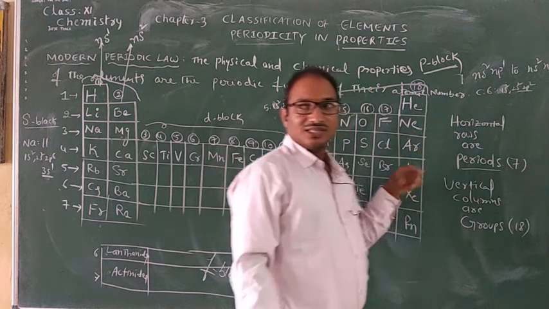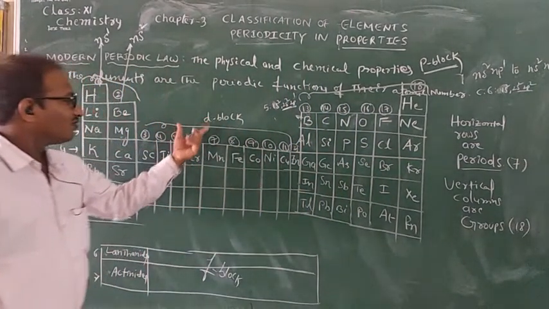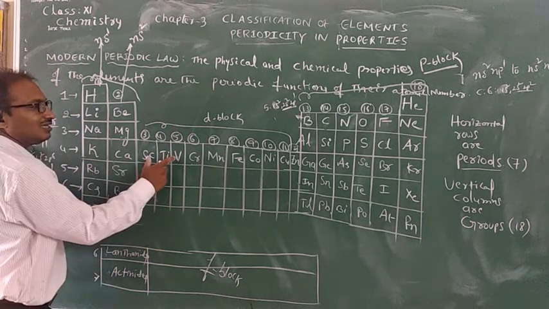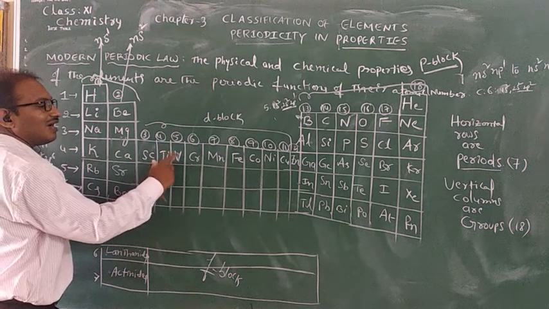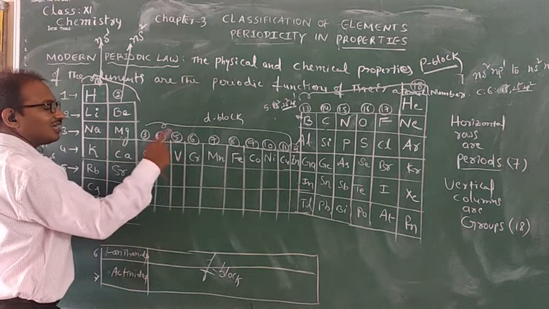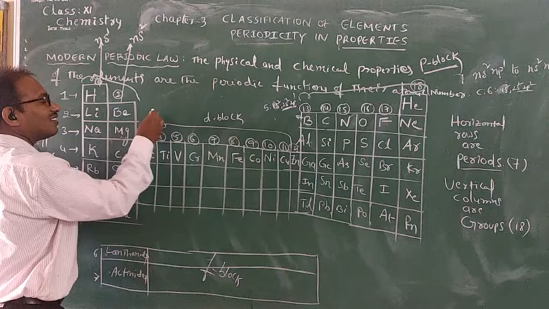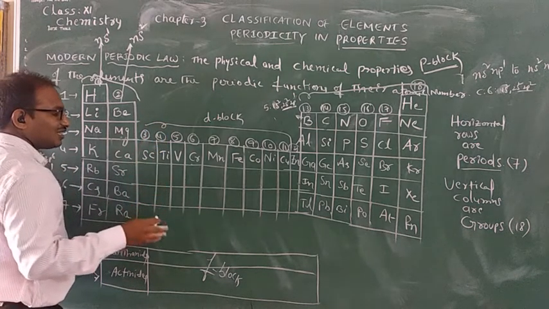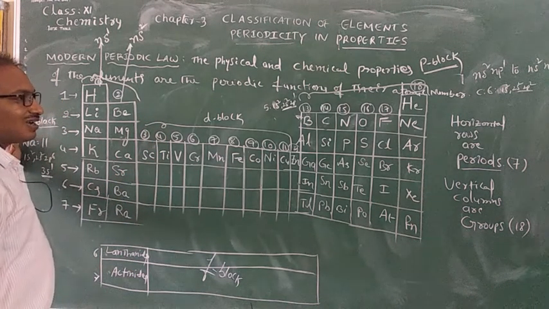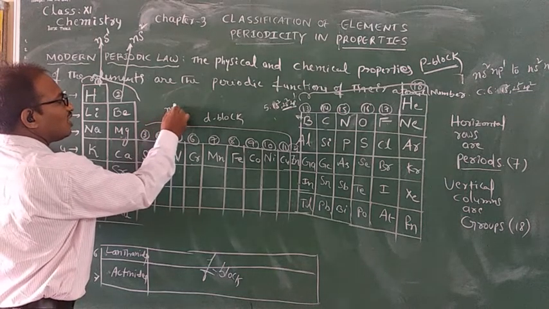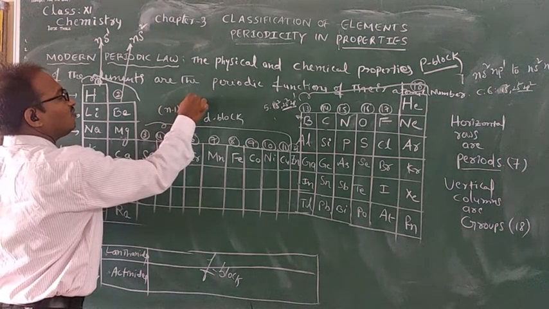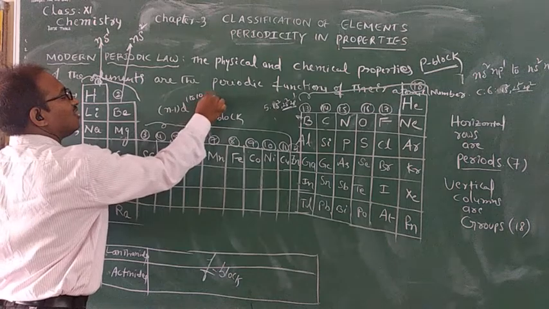So p block. In the same way, when the differentiating electron enters into the d orbital, these are called d block elements. What is the general d block electronic configuration? (n-1)d1 to 10 ns1 to 2.